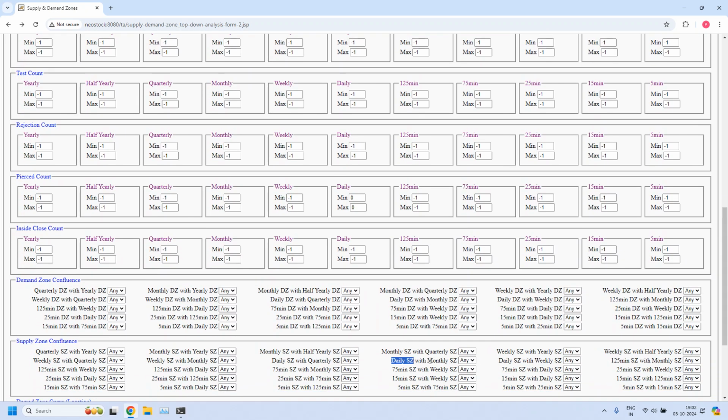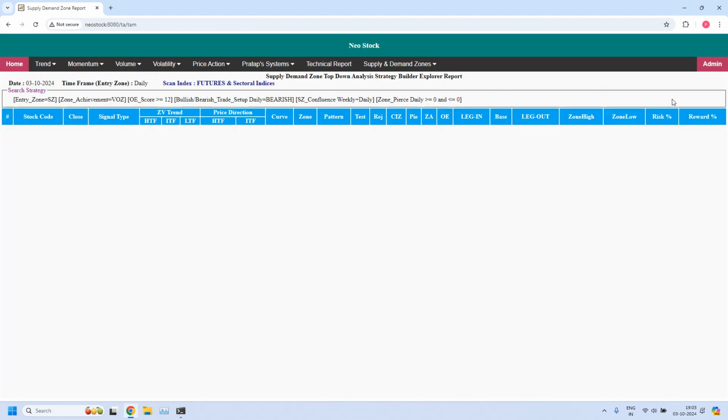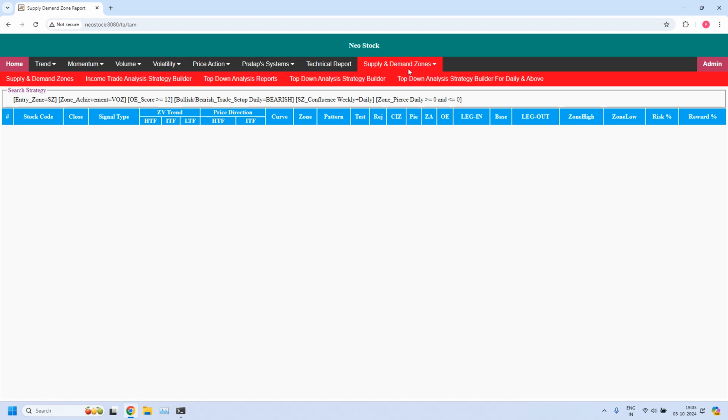The daily supply zone with the weekly supply zone confluence. This is ITF confluence. No, it is not having any ITF confluence. Fine. We have only one bearish trade setup stock, but not having any confluence.